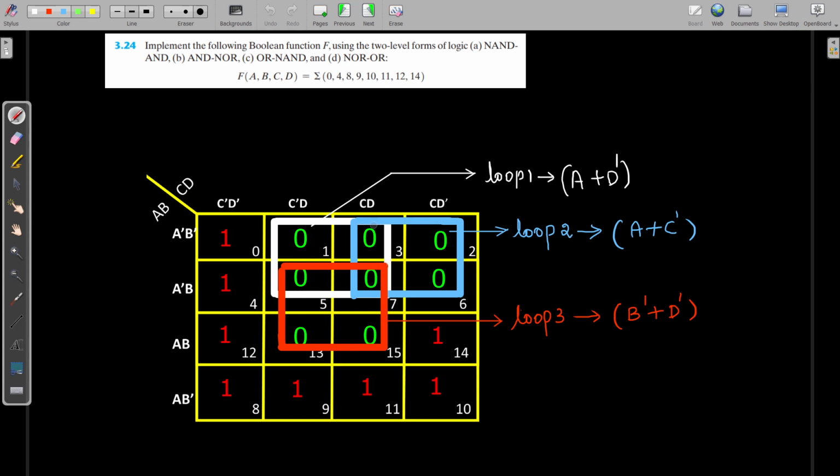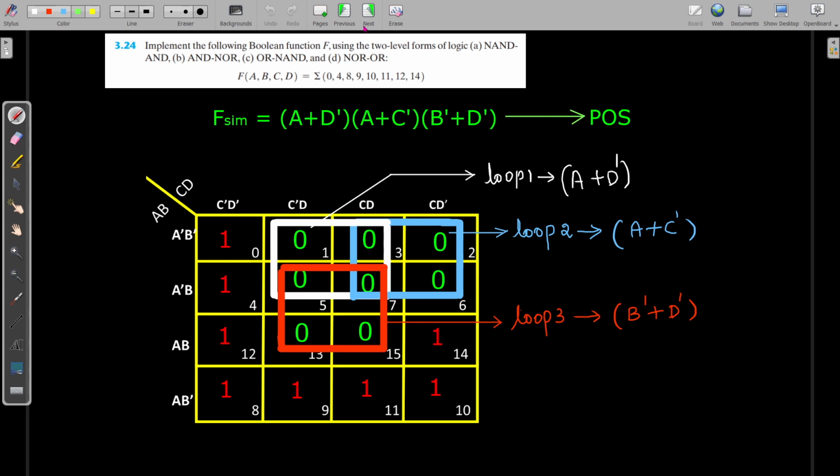We got three loops, loop 1, 2, 3, and the corresponding expression, and we got f simplified as (a plus d dash) (a plus c dash) (b dash plus d dash). So we got the simplified expression in POS form also. These two are the first requirement for drawing the implementation of the two level forms of logic.